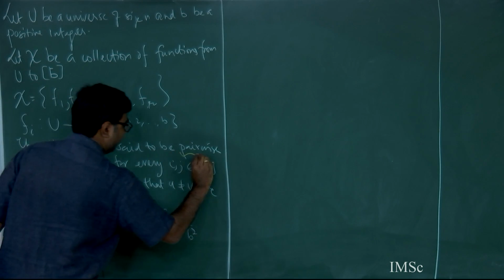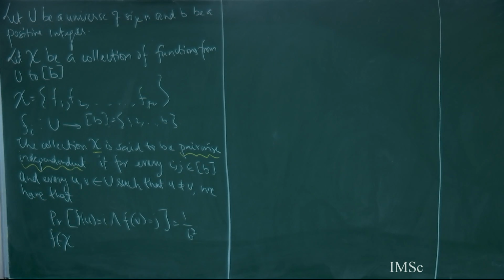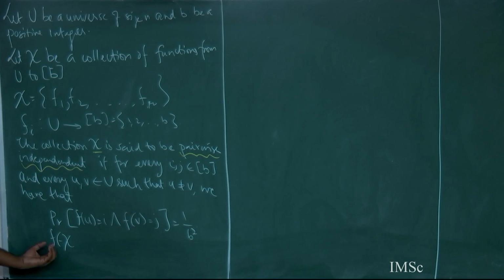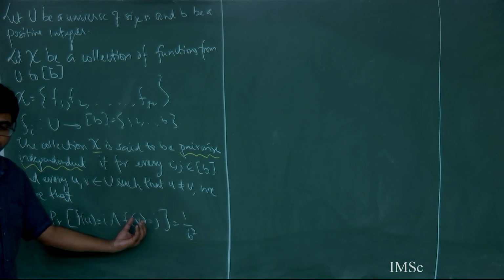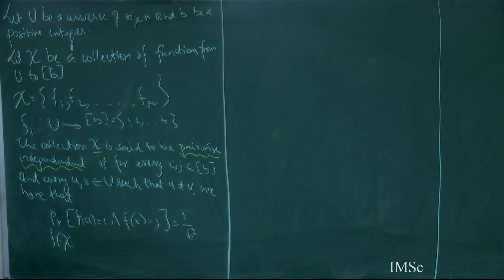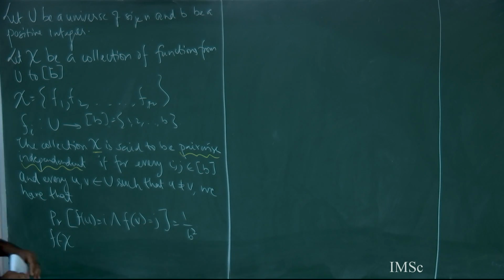It's called pairwise independent if for every i, j in B and every u, v in U such that u not equal to v, the probability, with f selected from chi, that f of u equals i and f of v equals j is 1 over B square. So when I look at these two, they are just like independent, pairwise independent.